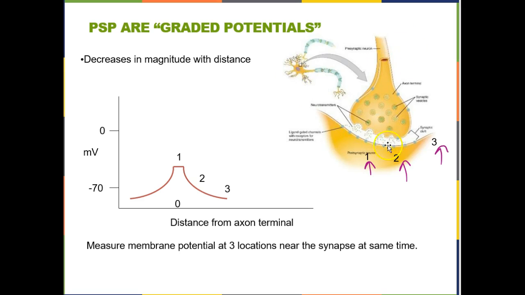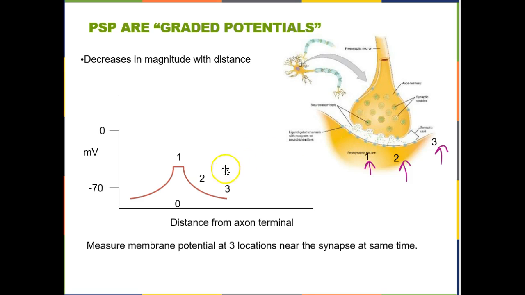We are going to dump some neurotransmitter onto the postsynaptic cell, and instead of measuring what's happening over time, which is what the graph originally said, I also changed that, we're measuring the membrane potential at the same time, but at varying distances from the axon terminal.